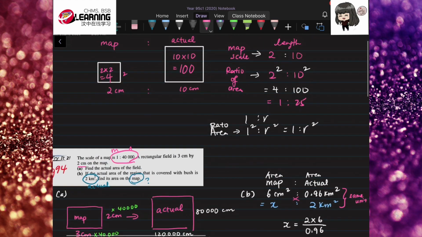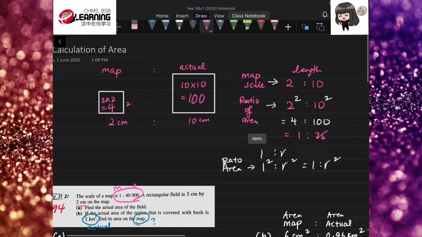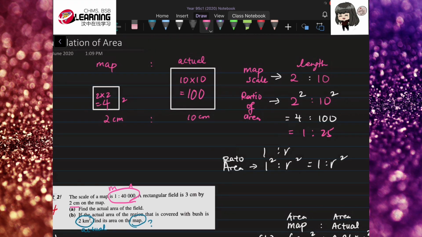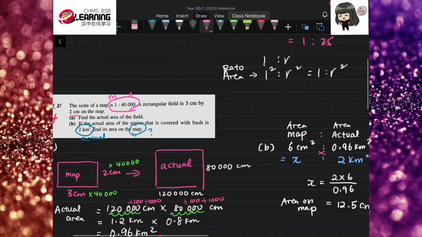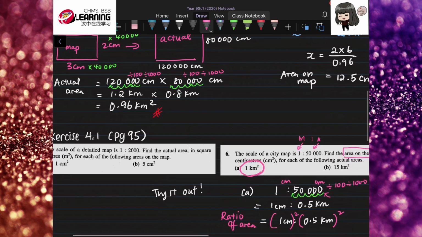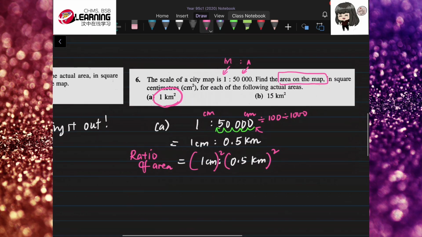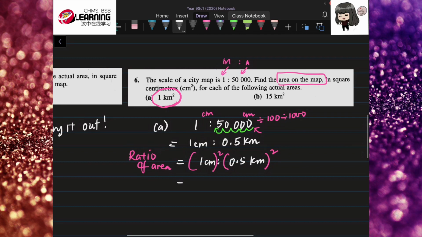Remember when I talked about the ratio of area just now, we have to square: if 1 to r is the map scale, then 1 square to r square is the ratio of the area from the map and actual. So we square both, and it becomes 1 centimeter square to 0.25 kilometer square.